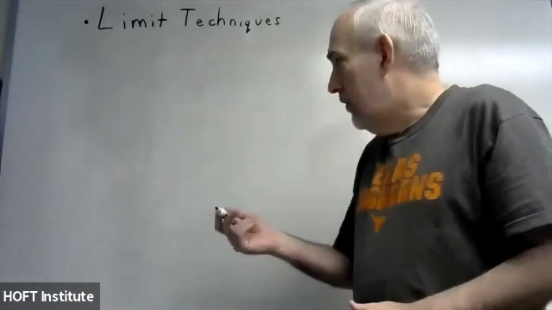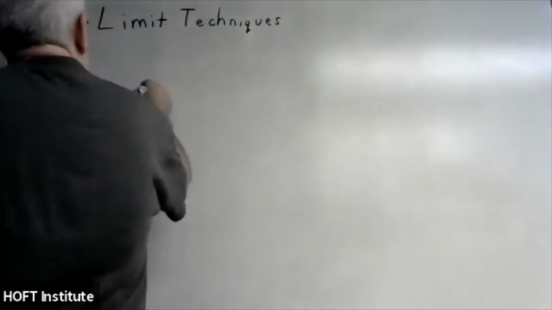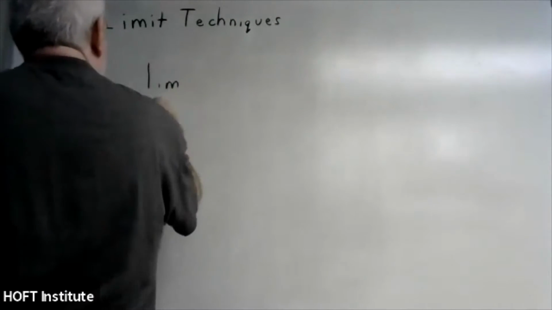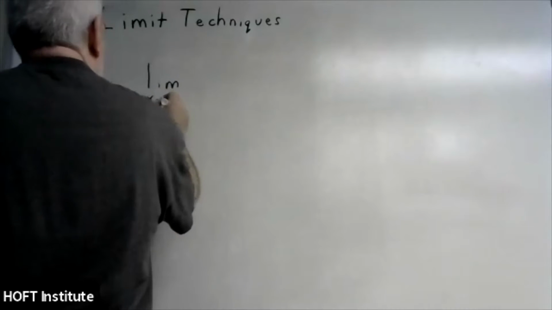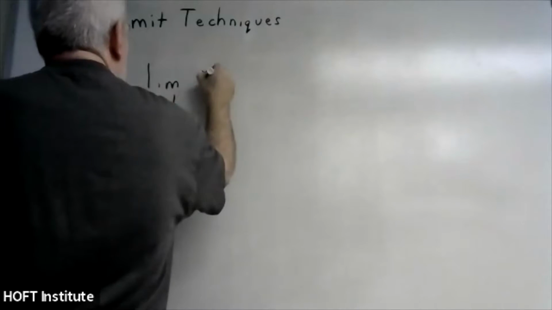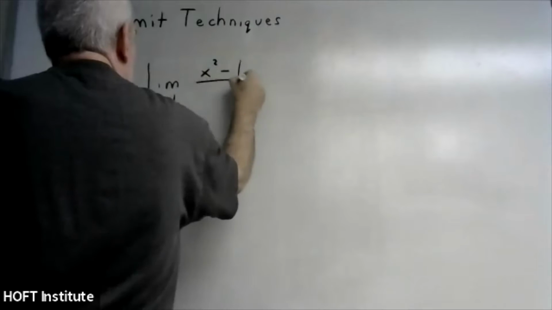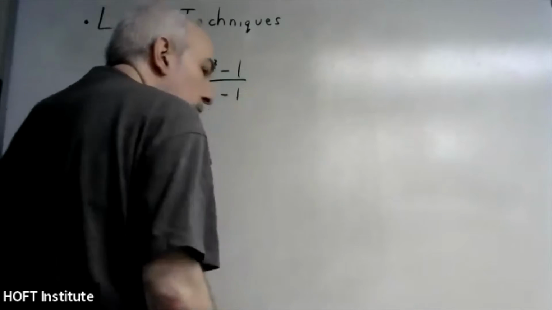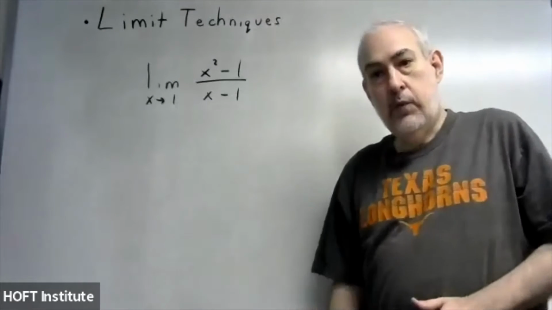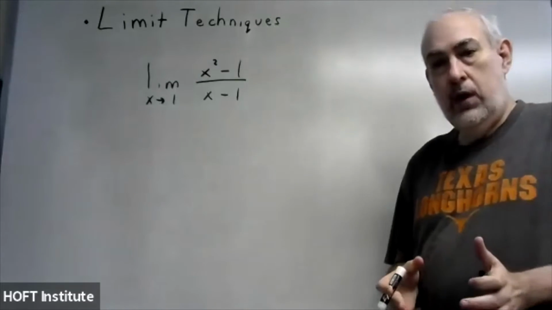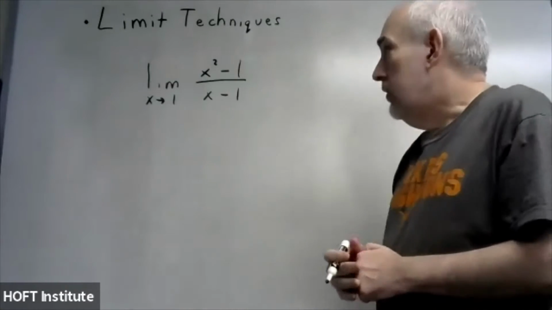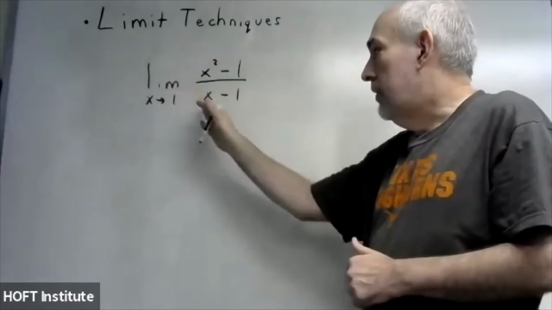Okay, so for example, if you're trying to do a limit that involves a fraction, like let's say we have the limit as x approaches 1 of x squared minus 1 over x minus 1. If we just try to use the limit rules from the last video, you'd evaluate the limit of the top, limit of the bottom.